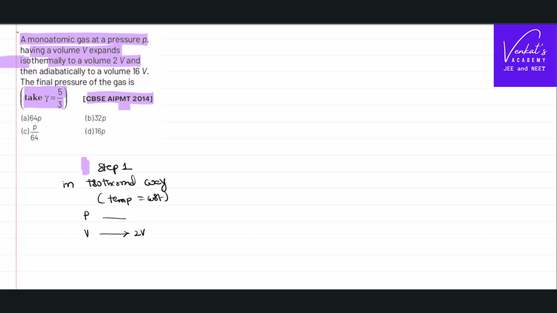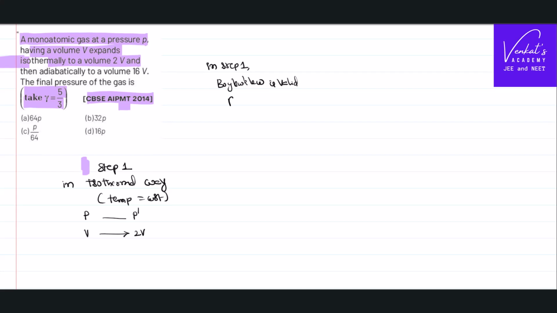Then what happens to new pressure P dash? We don't know, we have to calculate. Let me stop there and calculate this part first. Being temperature is constant, in step 1, what we can say is Boyle's law is valid.